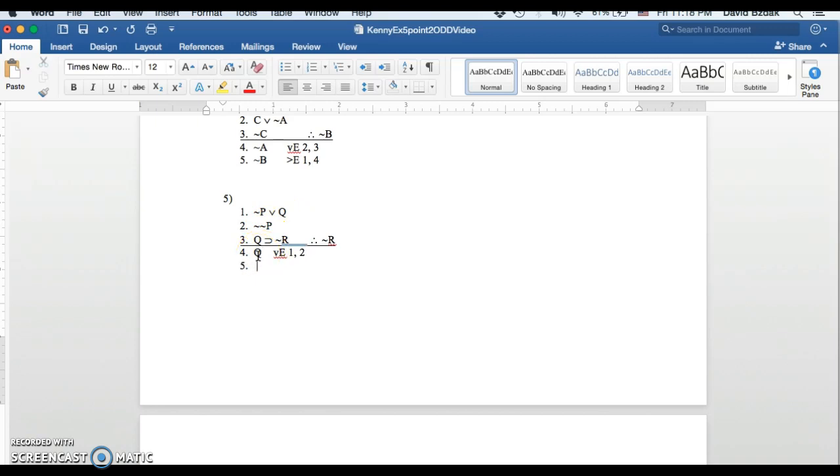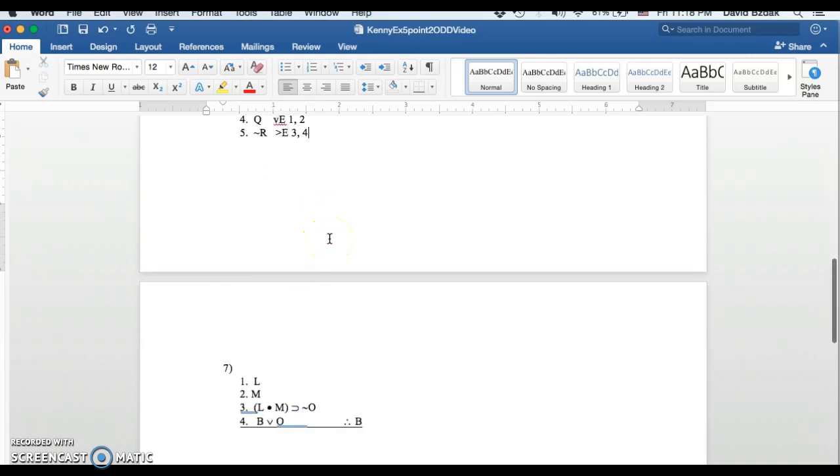And now that we have Q by itself, we can apply the conditional elimination rule to get not R. So the conditional elimination rule again takes two inputs, a conditional, line 3, and the antecedent of that conditional, which is on line 4, and it gives us as output the consequent of the conditional, which is our conclusion.